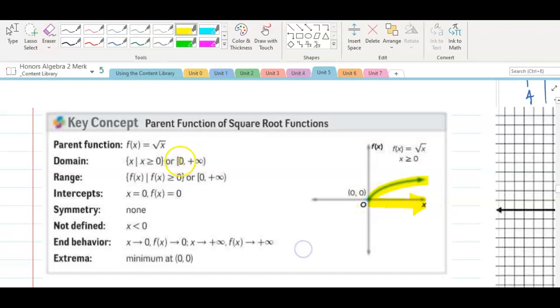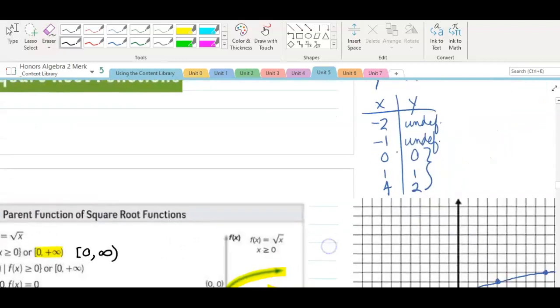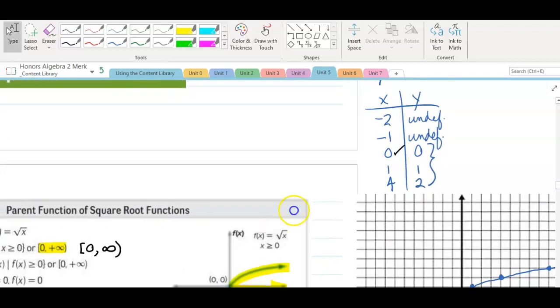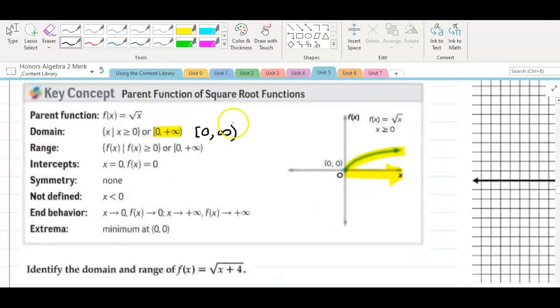We are going to use interval notation, so we would write [0, infinity). It's okay if you don't put the positive next to infinity. We used a closed bracket because it does include 0. See on our table, x can equal 0. And then we use an open parenthesis because it never really stops with infinity.